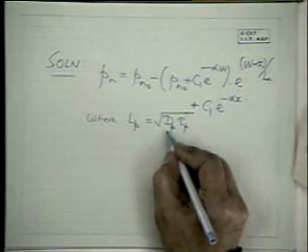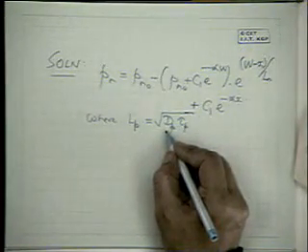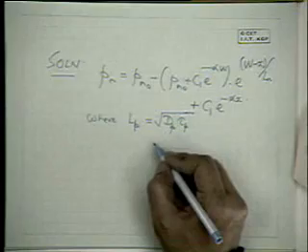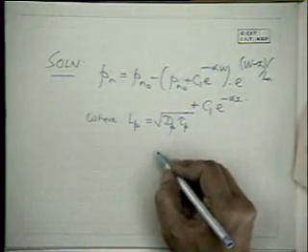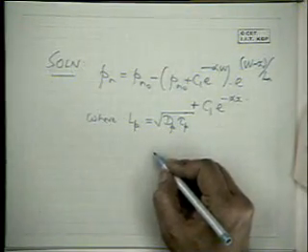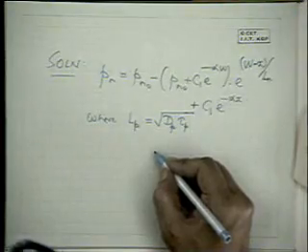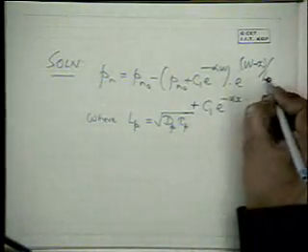We are talking about holes in the N-type region, right? So this should be LP, should it not?